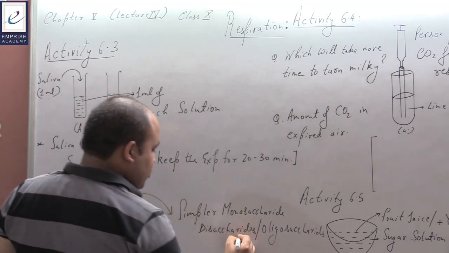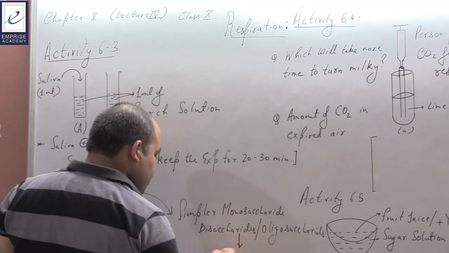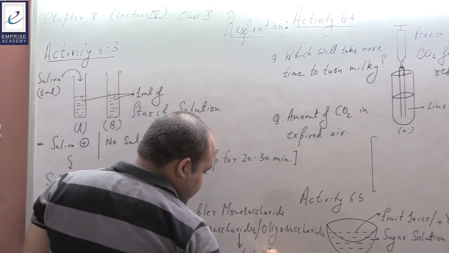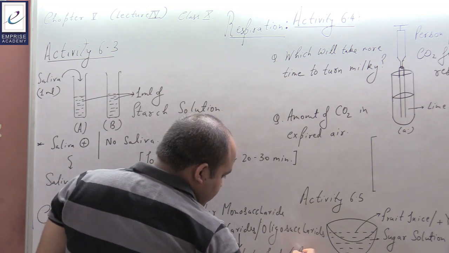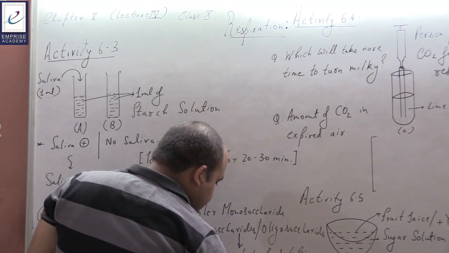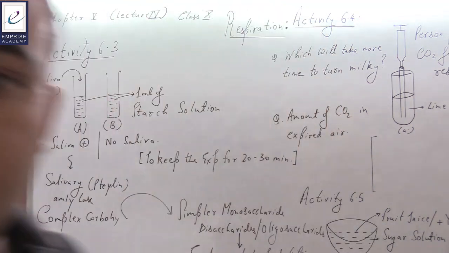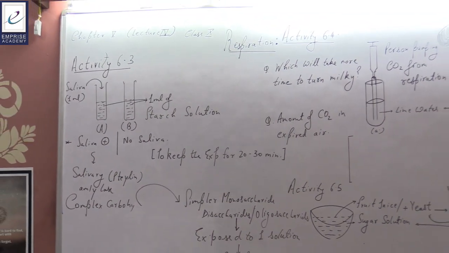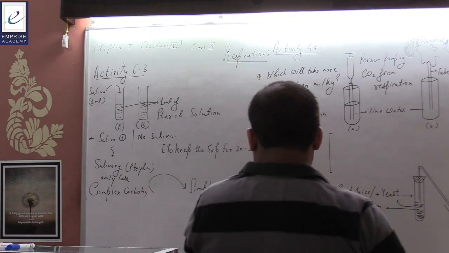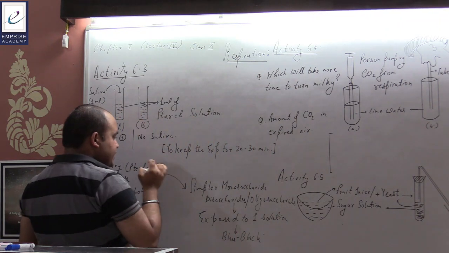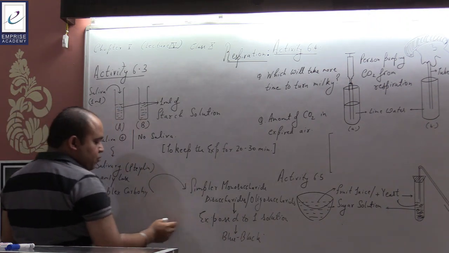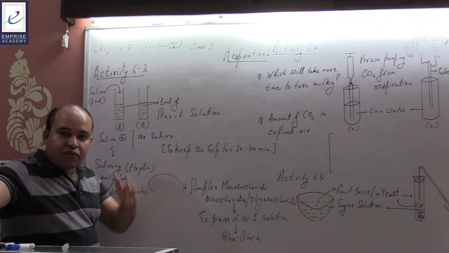The formation of this blue-black color indicates yes, starch was present in the tube A. Hence, what does it tell us?